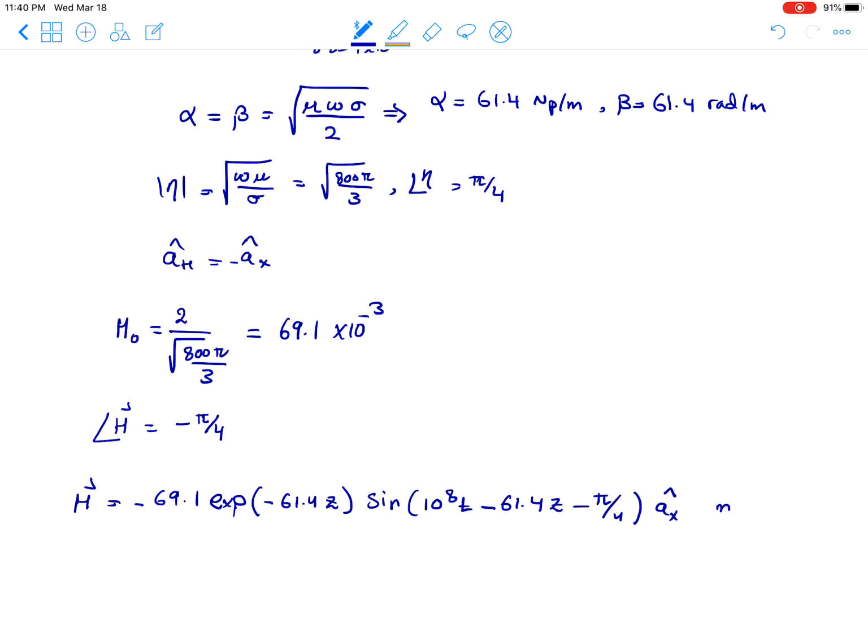The direction is along the a_x direction, and the unit is milliampere per meter.